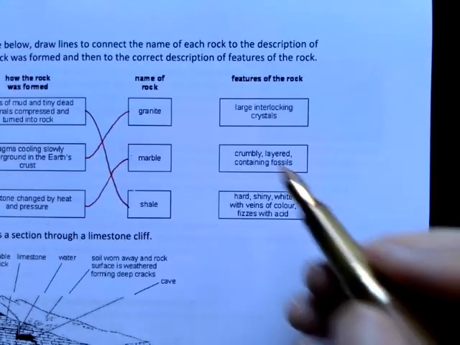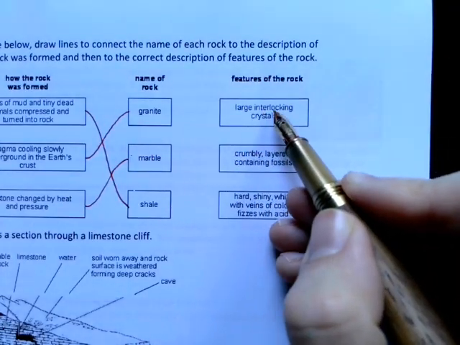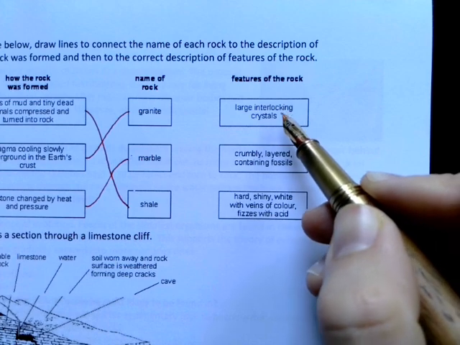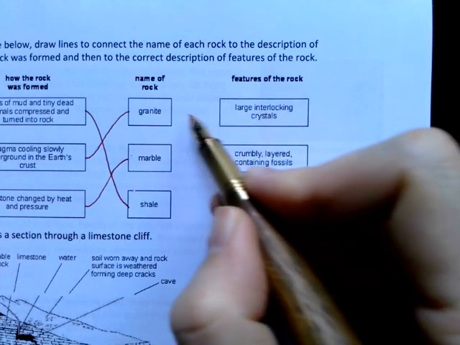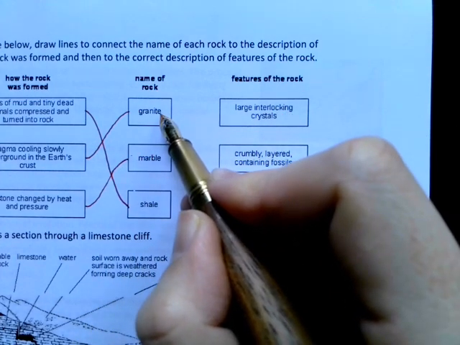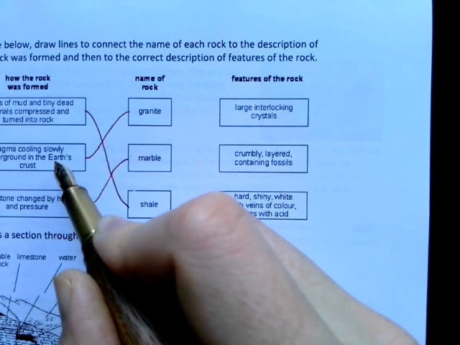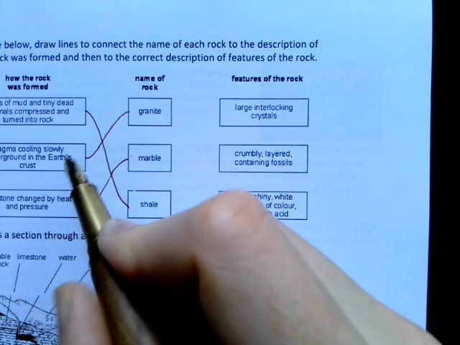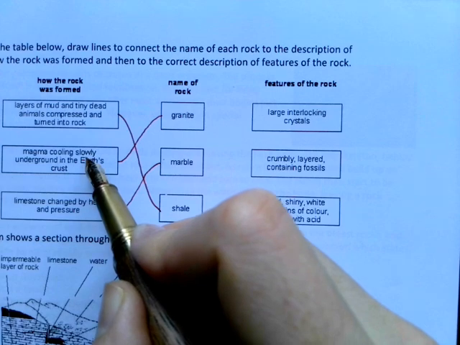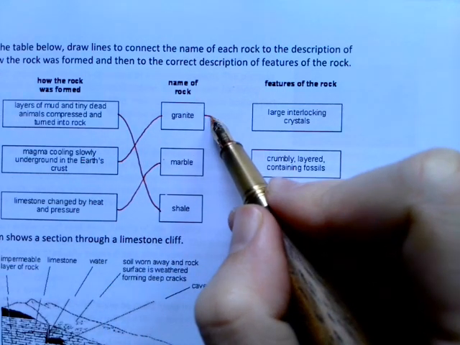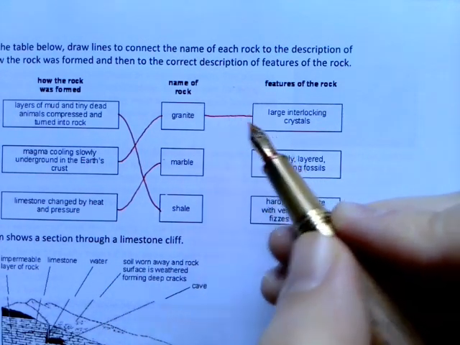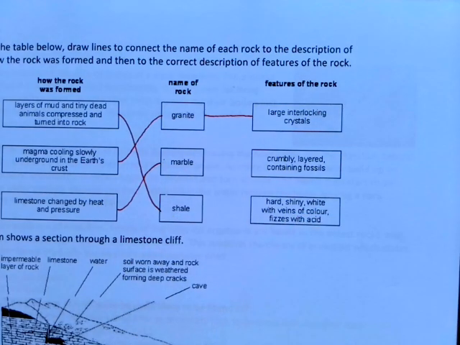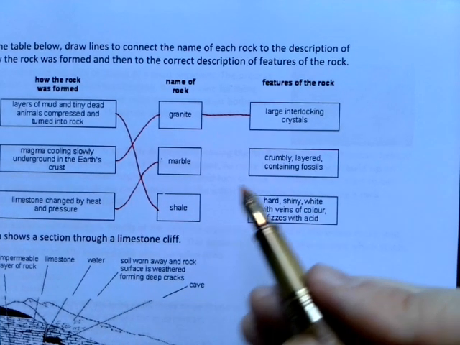Large interlocking crystals: I know that igneous rocks have crystals, and because this is cooled slowly, those crystals are going to be quite large. Remember, if it cools slowly, the crystals are large. If it cools quickly, the crystals are small.